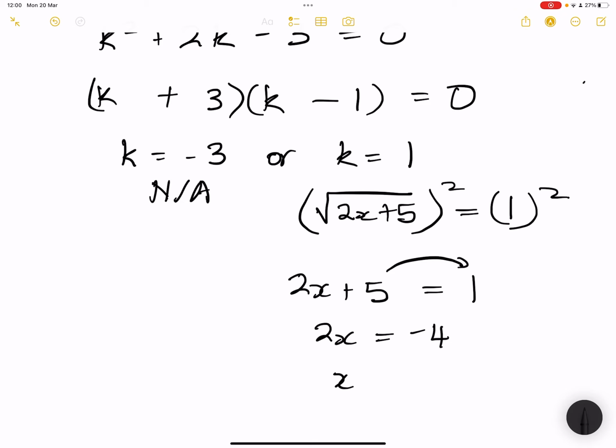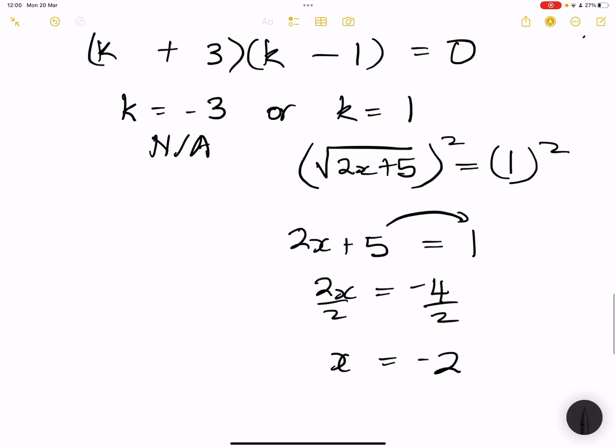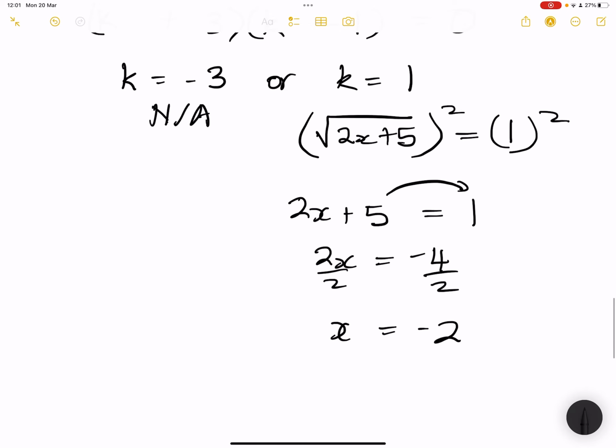And so x is equal to, divide both sides obviously by 2, negative 2. Okay, so again, you can go there and check if that is actually plausible. Is it possible that x can be that value, right? So let's substitute negative 2 into that.